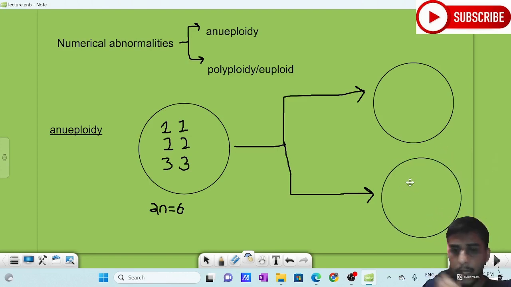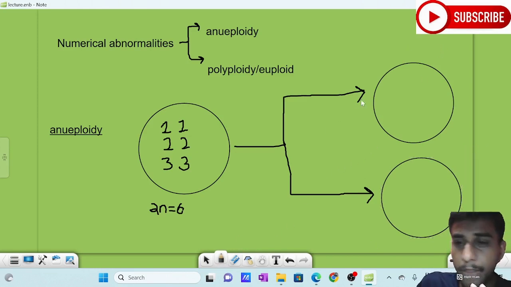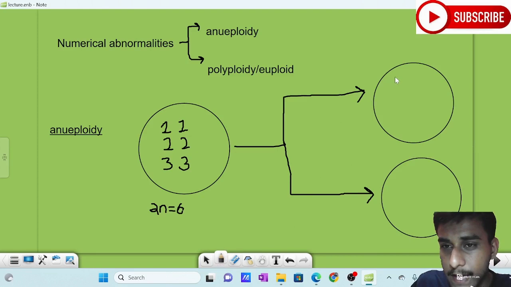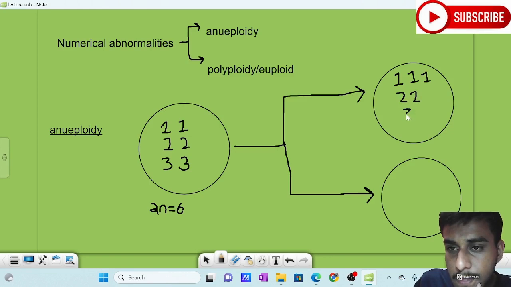In one cell we just found this condition: 1, 2, 2, 3, 3.